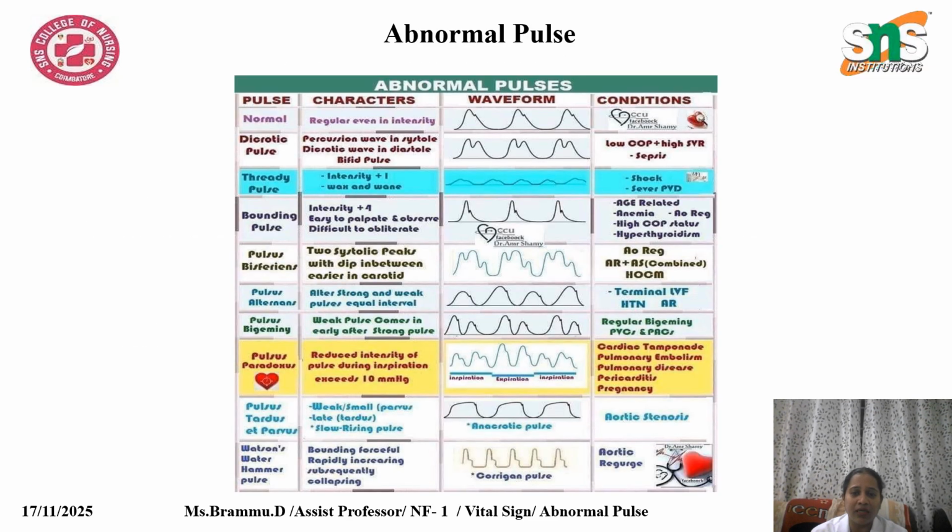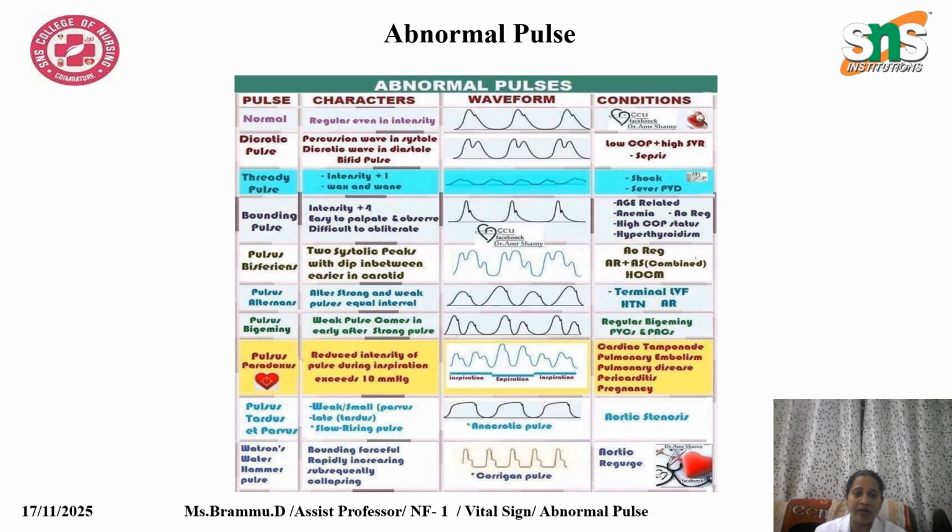So the abnormal pulse here I have given along with the waveform, the conditions in which it may appear, how the characters of the pulse appear, and the defined terminology. In case of a normal pulse, the patient will be exhibiting a regular, even pulse, and the intensity is going to be very much regular.